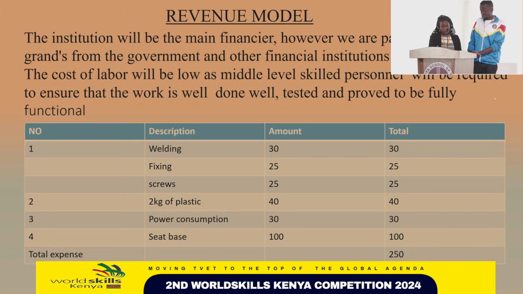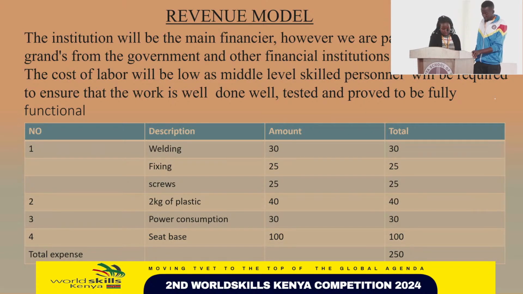It is also long lasting. If we expose it to sun, it can take time. If you put it in rain, it can stay there without anything happening to it, compared to those made of wood. Wood, you're not supposed to leave outside for long, otherwise it will spoil within a short period of time.